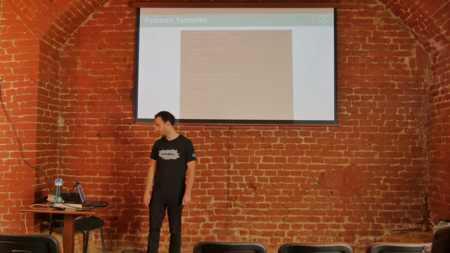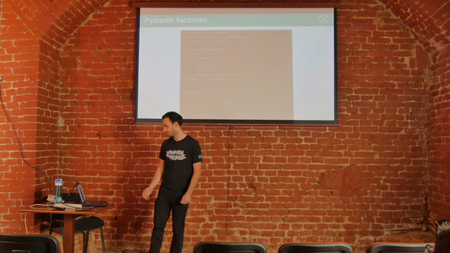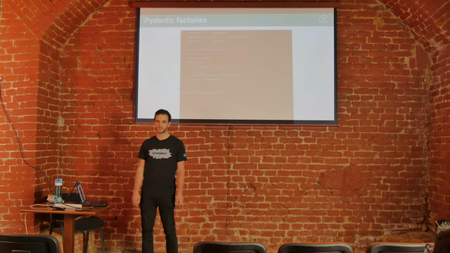So you don't have to define for each field how the data should be generated, if a string needs to be there or an int, what the ranges are. It automatically detects it from the model. This is the usage of the Pydantic factories package, and it populates the model with random data. It's mostly useful in tests.